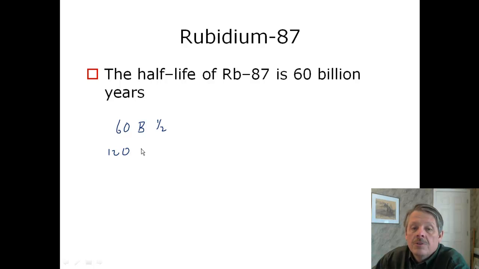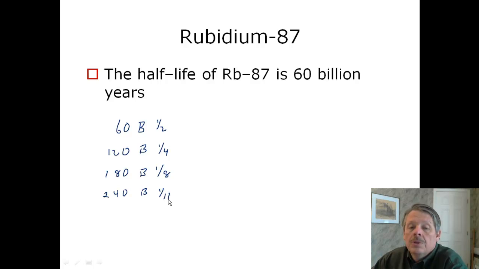After 120 billion years, that's another 60 billion years, you only have a quarter of it left. And after 180 billion years, we have an eighth of it left. And after another 60 billion years, which is a total of 240 billion years, we only have 1/16 of it left. And we can go on to 1/32, etc. At 300 billion years, we have 1/32 of the original stuff left.